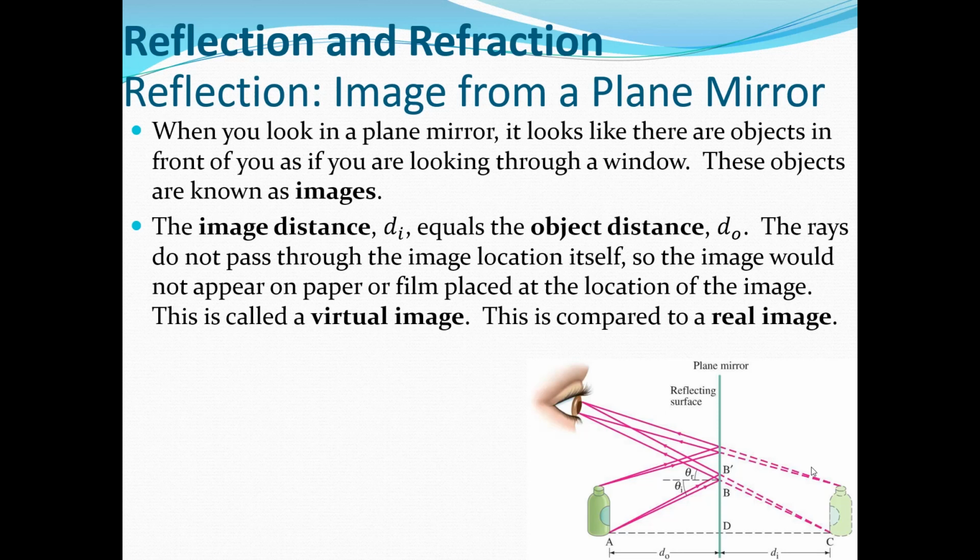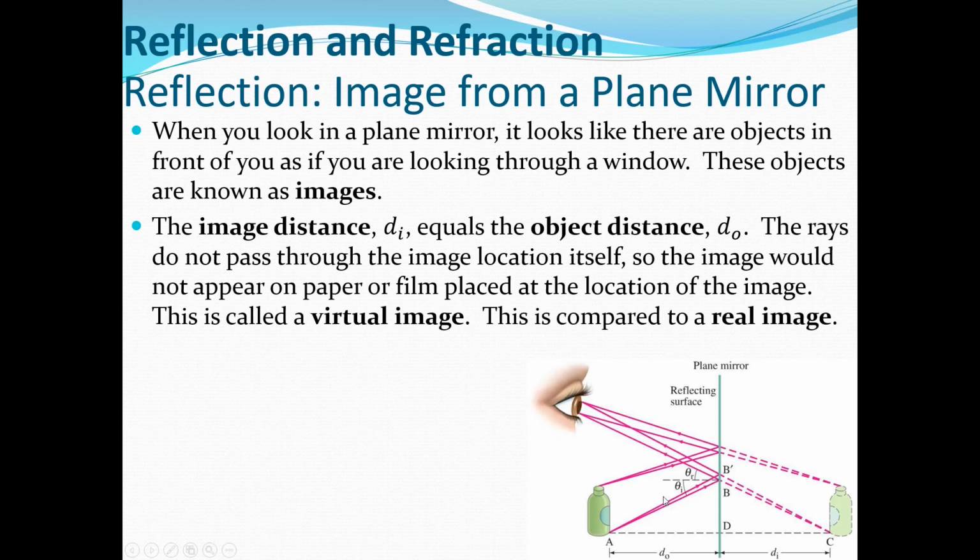Now, the main difference is that with a real image, the light reflected off the object will actually produce an image that could be put onto a piece of paper. So, for example, here we'll just say you could take the image formed by this shampoo bottle, and if you can place a piece of paper here where this person's eye is, and there's an image actually formed onto that, then that would be called a real image.